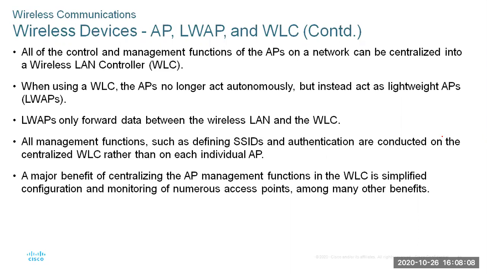So all the configurations or settings you make on the controller, that's what will be applied on the APs. When using a wireless LAN controller, the APs no longer act autonomously, but instead they act as lightweight APs. Lightweight APs only forward data between the wireless LANs and the wireless LAN controllers.